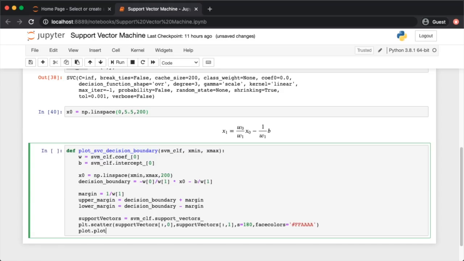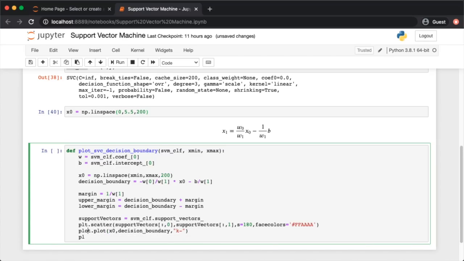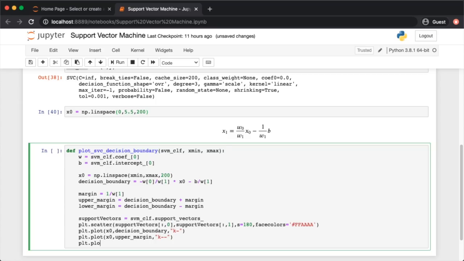Now let's plot the 3 boundary lines. The first one is the decision boundary, which I'll plot in black. The second one is the upper margin, which I'll plot in dashed black. And the last one is the lower margin, which I will also plot in dashed black.